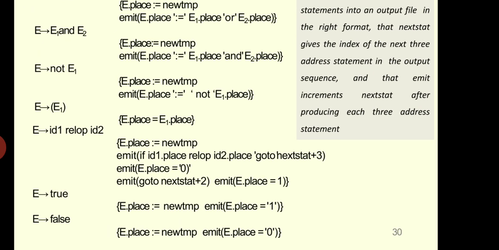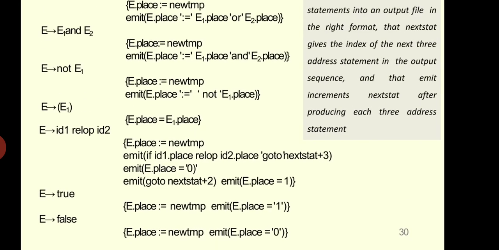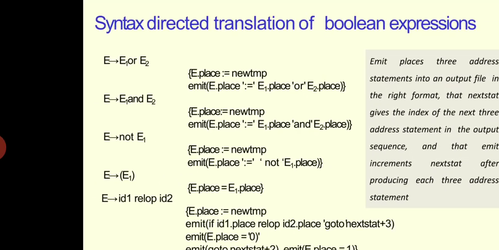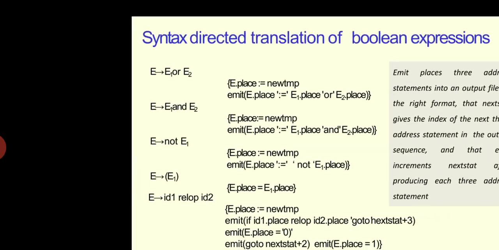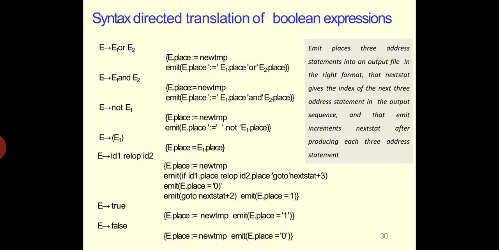Then that we have seen in the previous example. So this type of translation happens for the statement that we have shown in the previous slide, A or B and not C. So these 3 address codes will be generated if we have this syntax directed translation scheme.